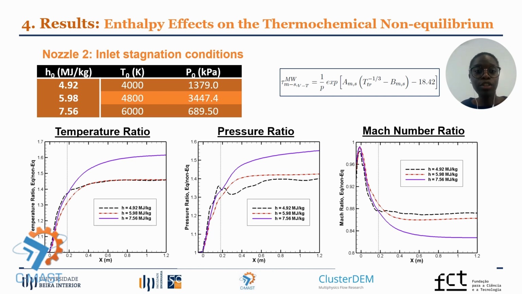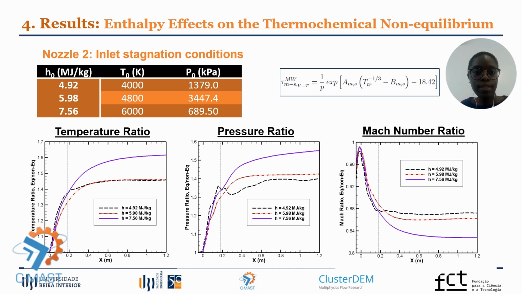So after the freezing point, there is a change in the curves, and the non-equilibrium degree is lower for the lower stagnation enthalpy condition and is higher for the higher stagnation enthalpy, for pressure and for the temperature. For the Mach number, it's the opposite, because the Mach number is inversely proportional to the temperature.